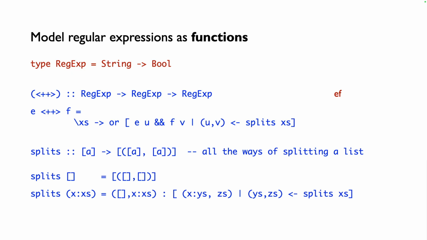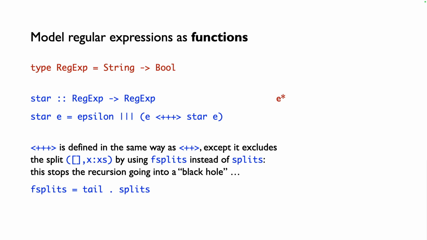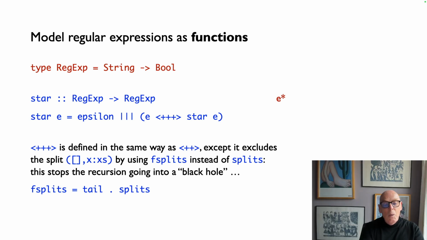Okay, that's given us concatenation. Finally, we need to think about E star. And what's quite neat about this is that we can model the recursion that there is in the definition of star in the definition that we make.